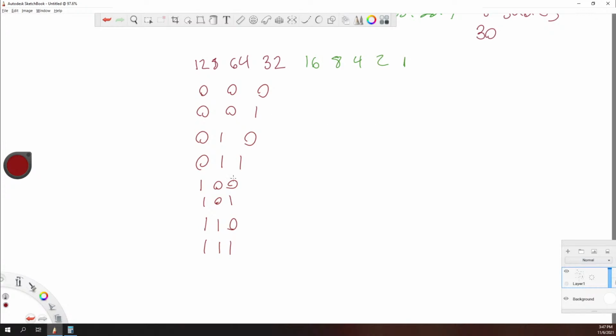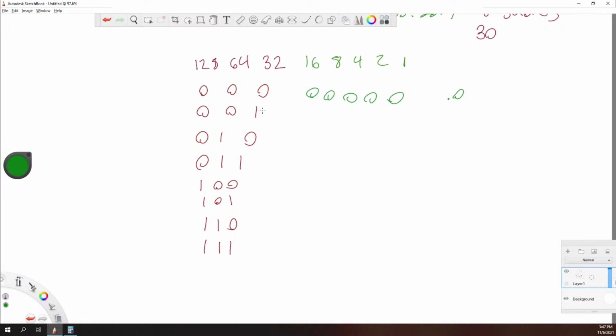The reason I'm going through this is that these numbers are going to represent the first of our network. So if we have all zeros here, and all zeros here, then that's going to be our first network, which would be dot zero.